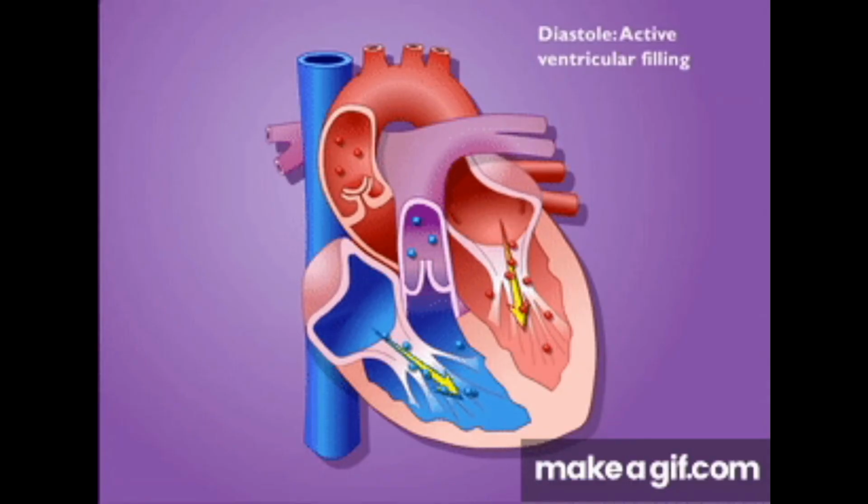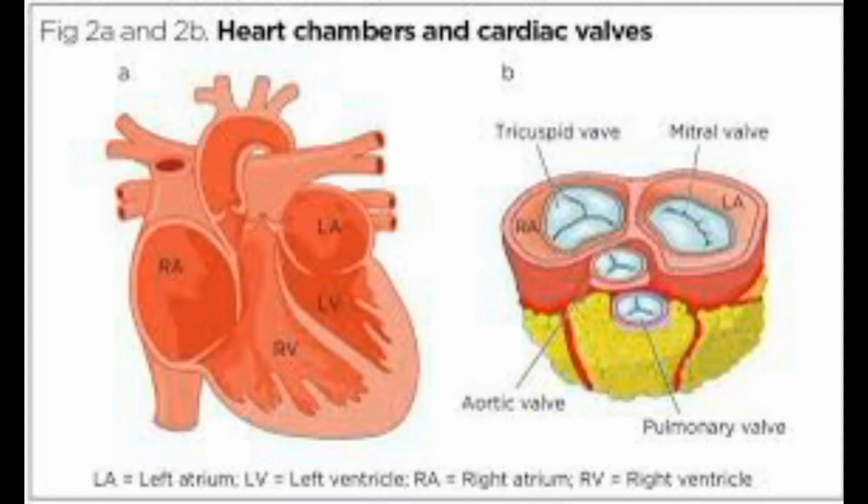As the ventricular pressure increases further, the semilunar valves guarding the pulmonary artery and the aorta are forced open, and this allows the blood in the ventricles to flow through these vessels into the circulatory pathways.